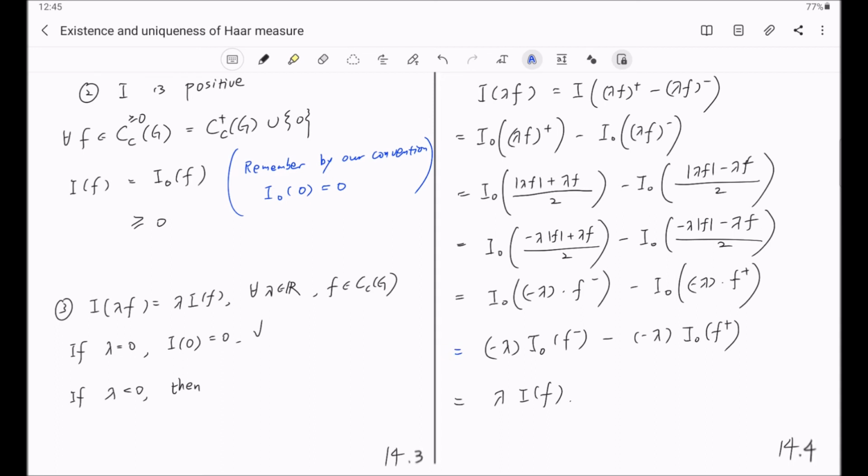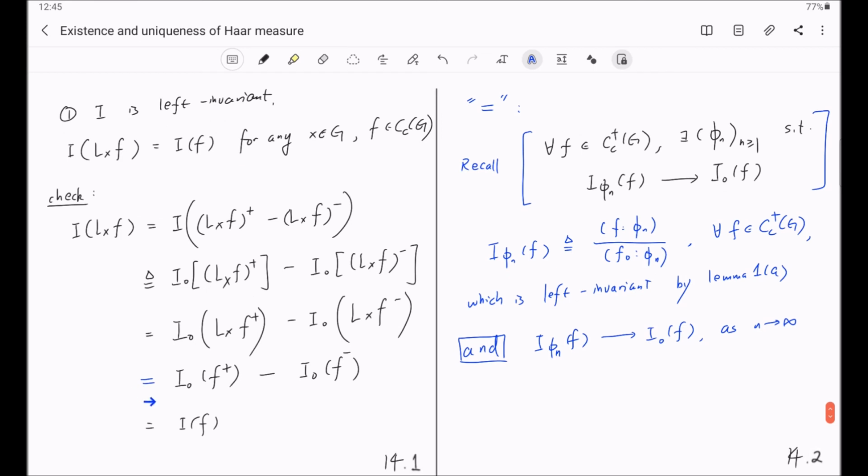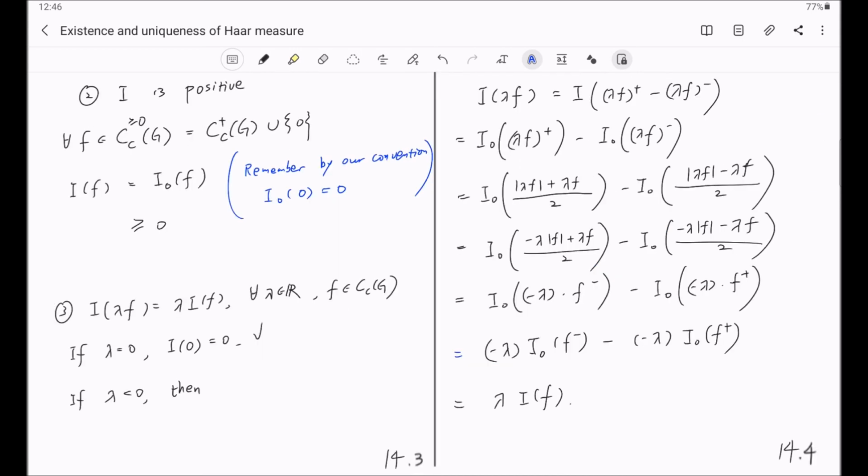Now, why is this true? The reason is essentially due to this approximation and our lemma 1. But let me still write down the details for our convenience.